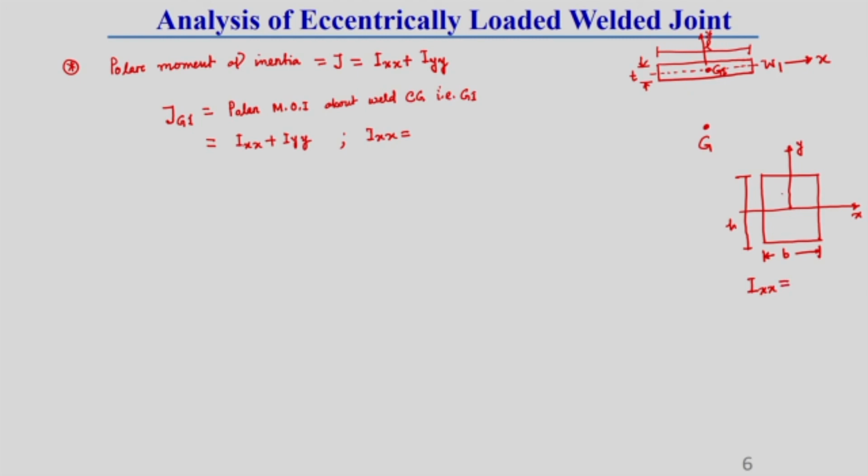So, Ixx equal to, generally we take a small strip which is parallel to this x axis. Let the small strip thickness be dy and its breadth is b, and the distance from the axis to the strip is y.